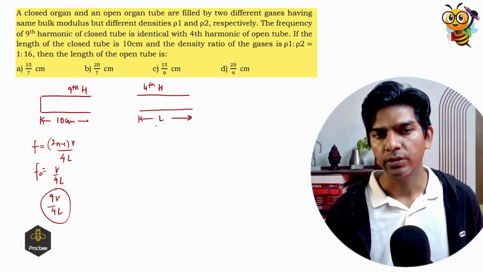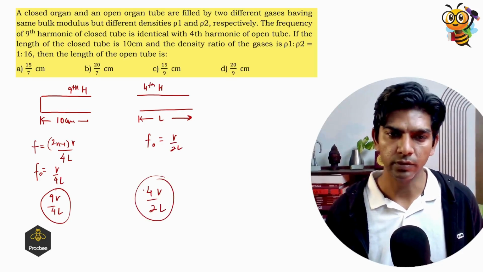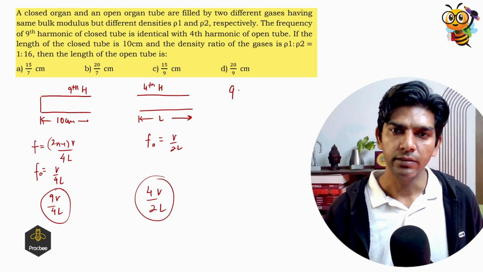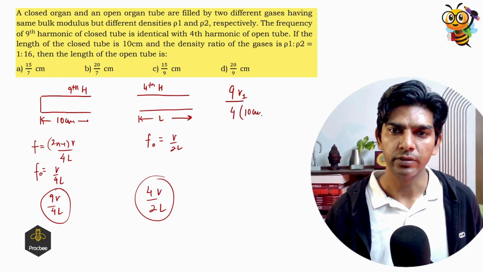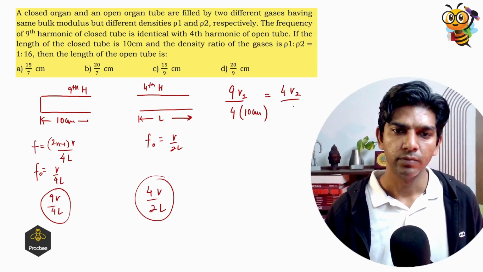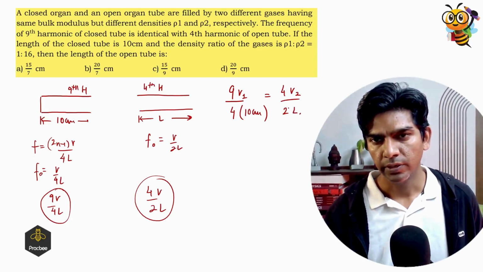And for the fourth harmonic, in case of an open organ pipe, the fundamental frequency is V by 2L. So it will be 4V by 2L, right? So we can say, let me call it V1, 9V1 by 4 times 10 centimeter is equal to 4V2 by 2 times L. So let us simplify this.